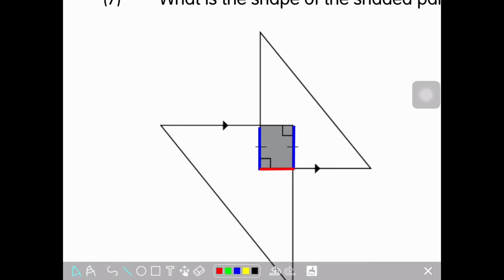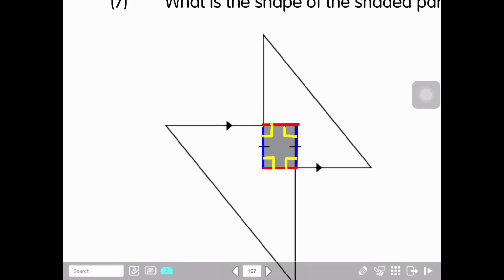Now, the lines in red are also equal and parallel because they are opposite sides. So we have two lines that are equal and parallel. Now we look at the corners of the shape and we can see that it is a right angle.